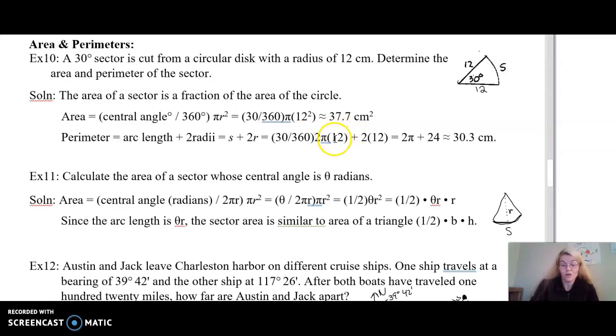My r is 12. So that's my arc length, plus 2 radii. Combine like terms, simplify, you're going to have 2 pi plus 24, because this all simplifies out nicely: 30 times 12 is just 360. So 2 pi plus 24 is roughly 30.3 centimeters.